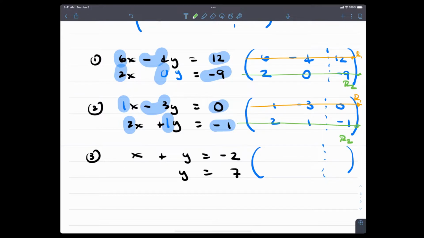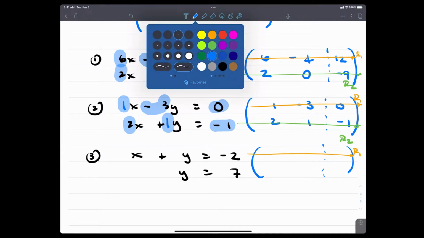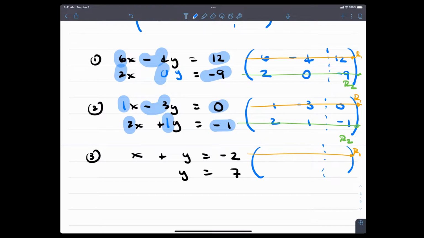We have to communicate. Tell me what row 1 is.